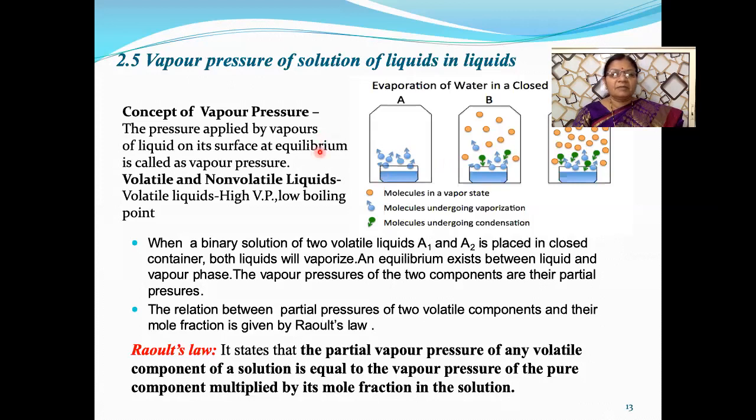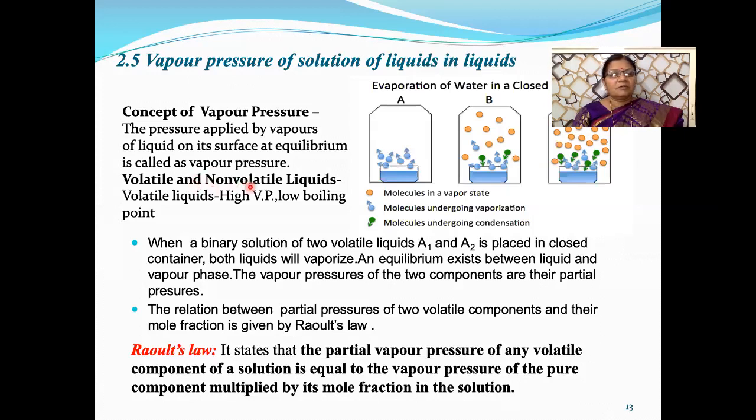At this equilibrium, the vapor molecules in the space above the surface of the liquid in the closed container exert pressure on the surface of the liquid, and this pressure applied by the vapors of the liquid on its surface at equilibrium is nothing but the vapor pressure. Is it clear?